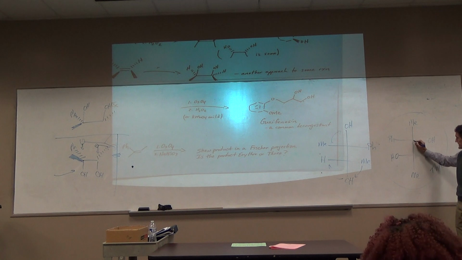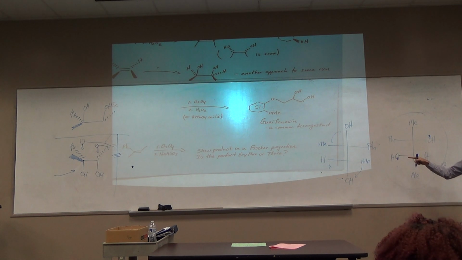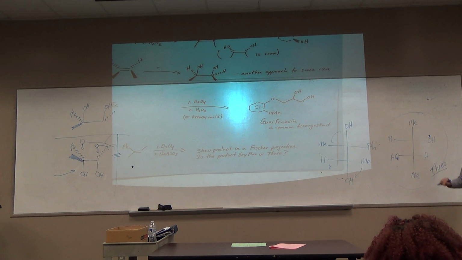Each carbon here, what's high priority on this carbon? O or carbon? O. Down here, O. When high priority groups are on opposite sides in your Fischer, that's threo. If high priority groups are on the same side in your Fischer, it's erythro. Okay?